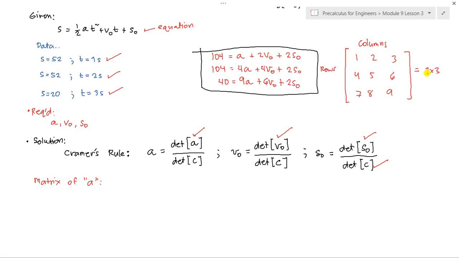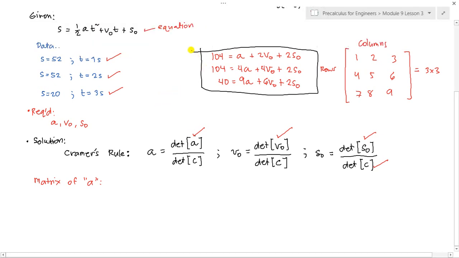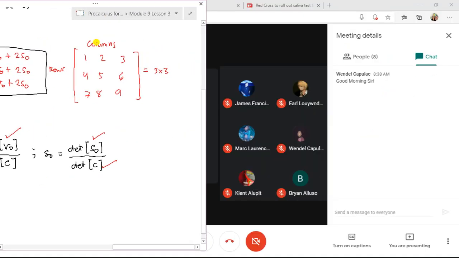And then here, for matrix A, how do we write matrix A, given our three equations?